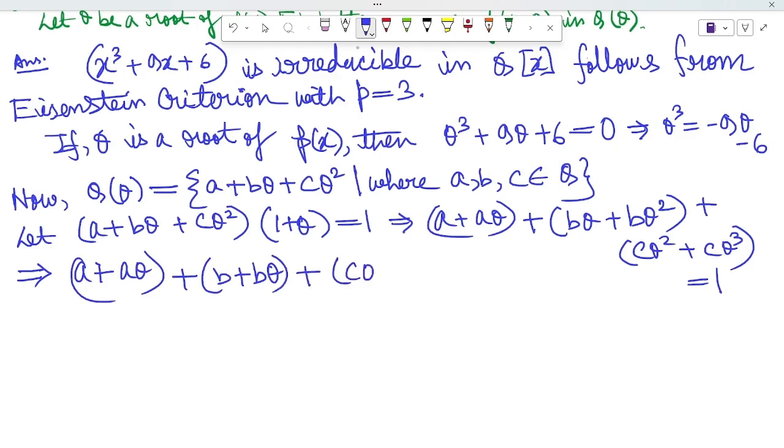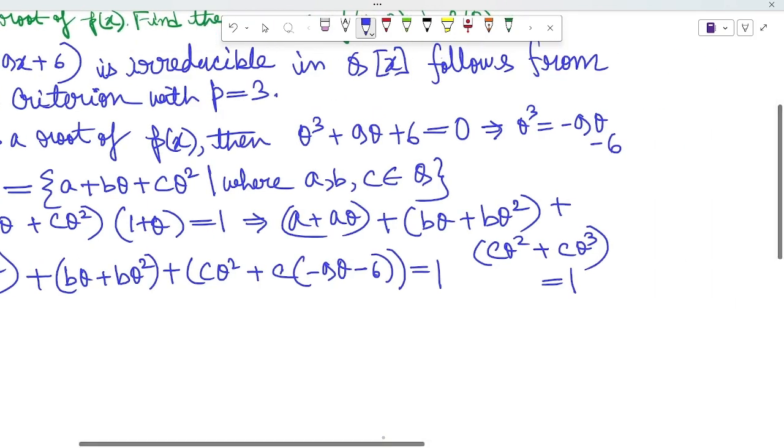Now see that c theta cube is minus 9 theta minus 6.